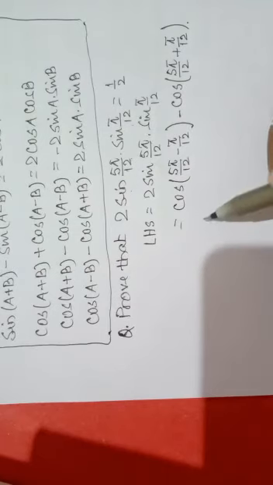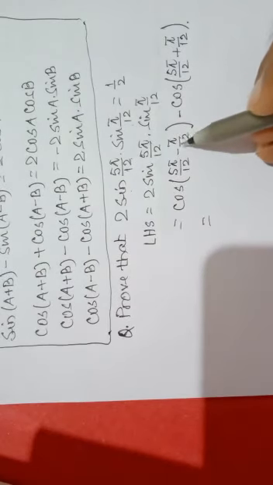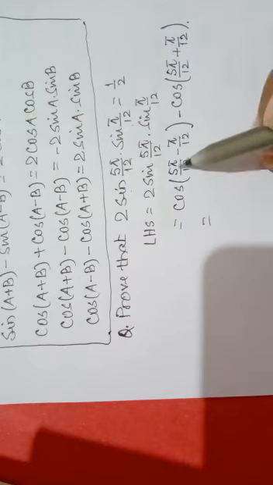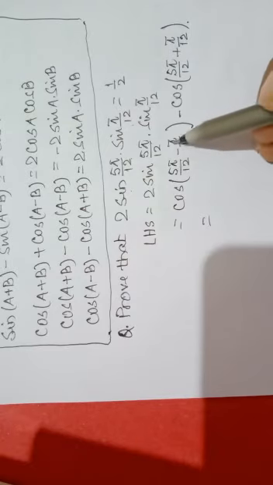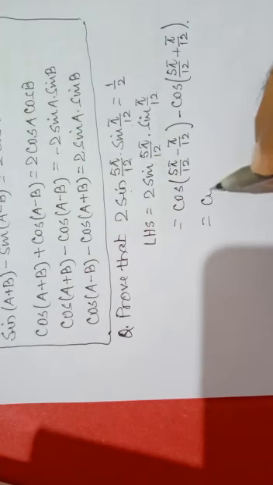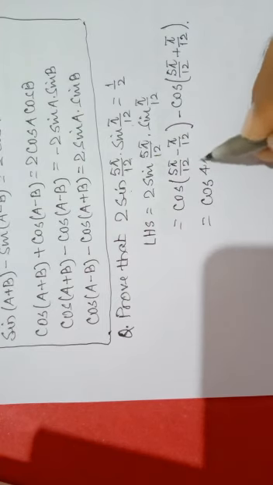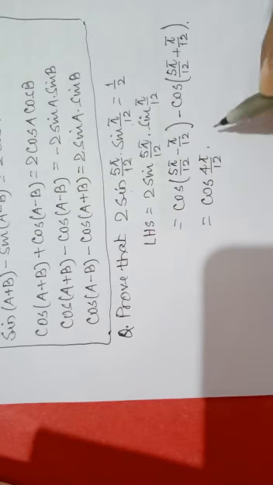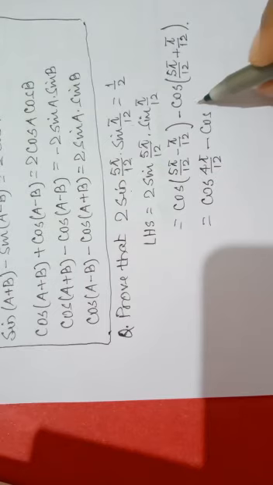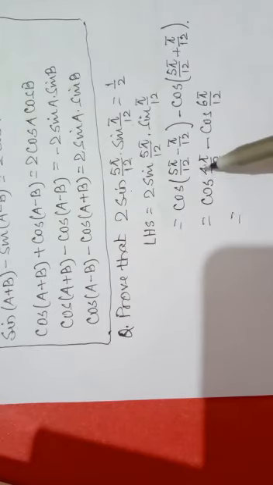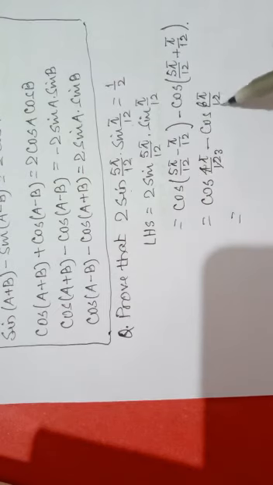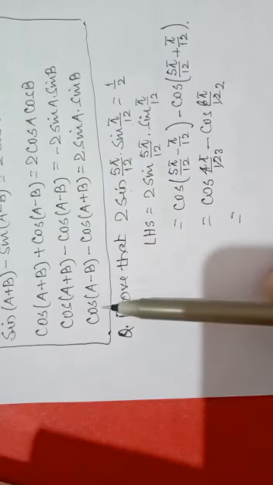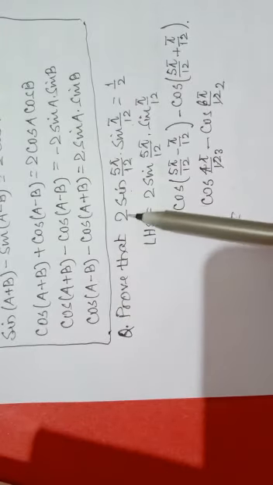So 5π/12 minus π/12: 12 will be the LCM, numerator unchanged, 5π minus π is 4π. So cos 4π/12 minus cos 6π/12. 4π/12 means π/3 and 6π/12 means π/2.